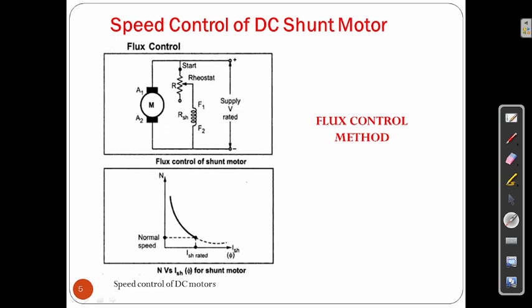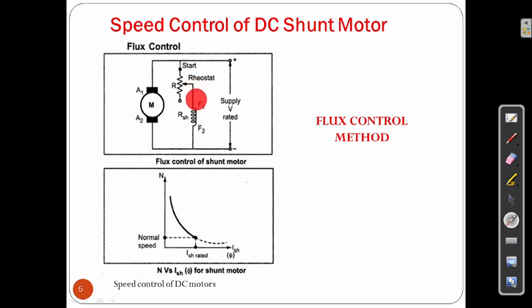This is the shunt motor. In that motor you have armature terminals A1 and A2. See how we can control the speed here. If you give the power supply, it will start rotating. From this rheostat we have an adjustment of the resistor.